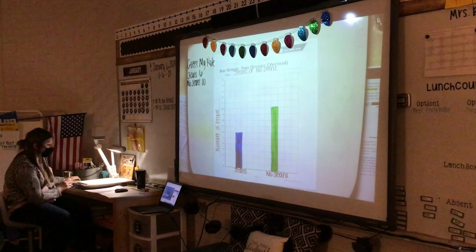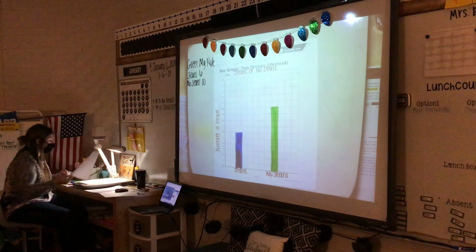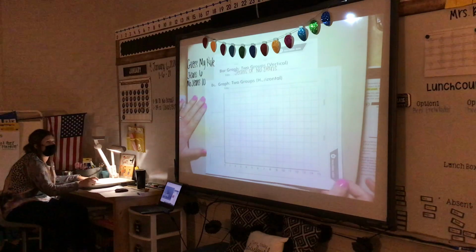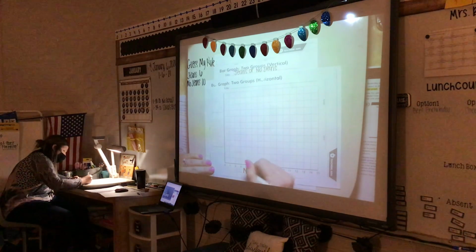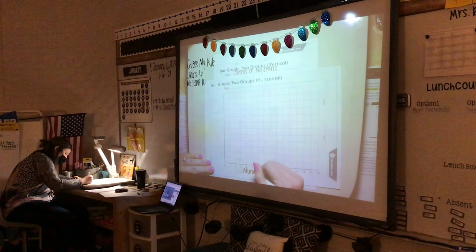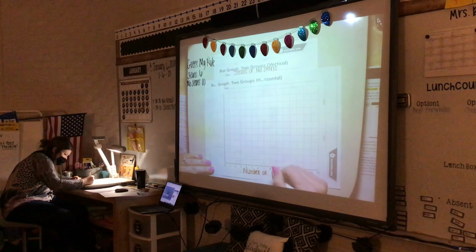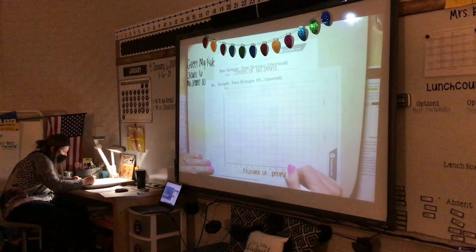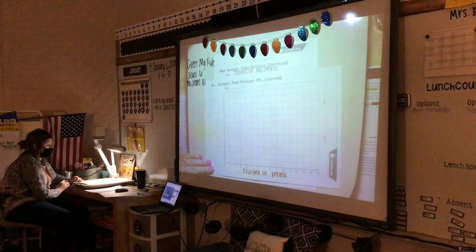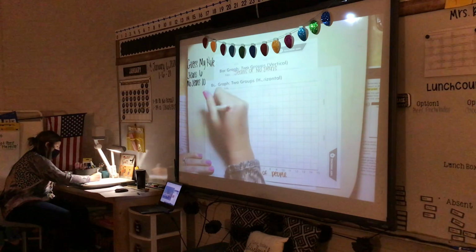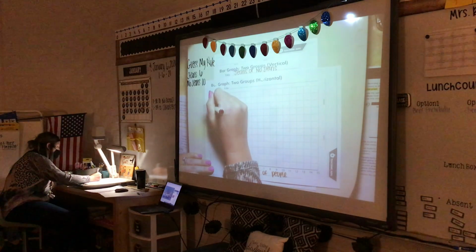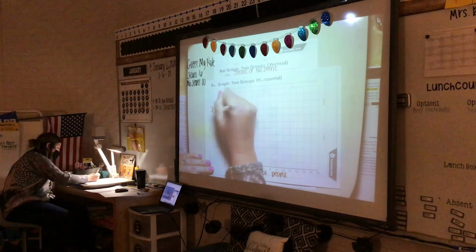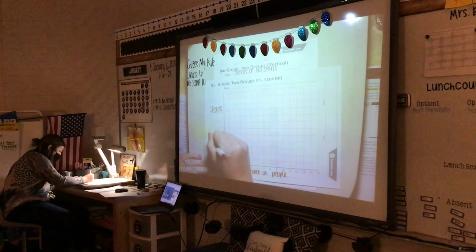Okay, you also can change that data and turn it on a bar graph like this. This is going to be your number of people down here. And what do you think these are going to be? The categories. What are our categories? Jeans and no jeans.